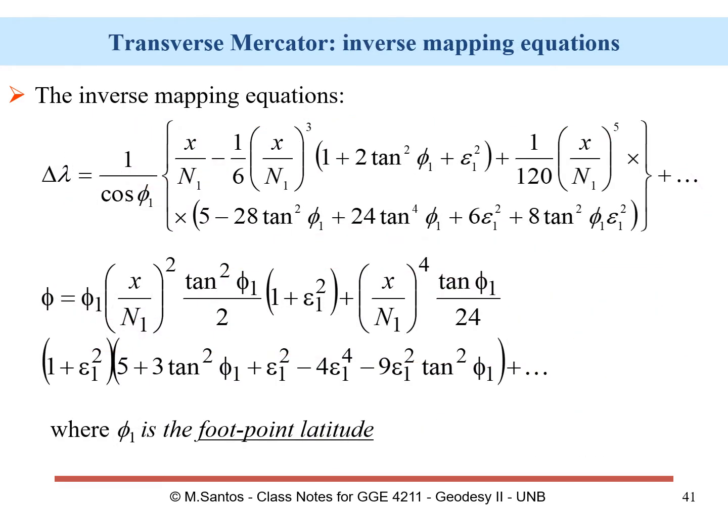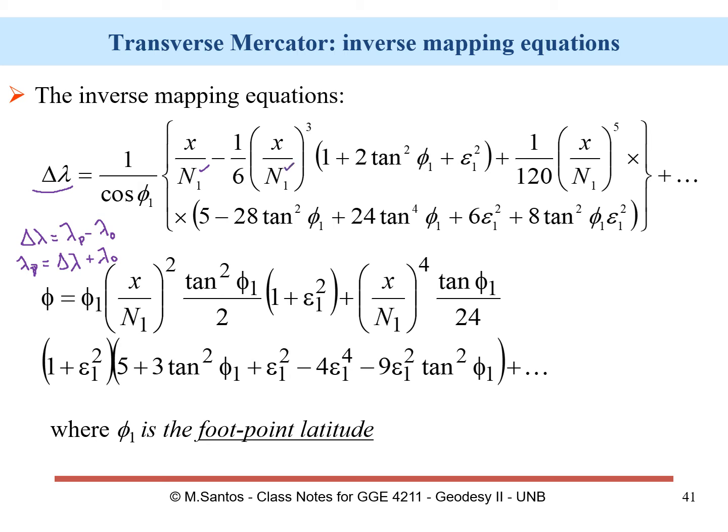The inverse mapping equations are not as intuitive to look at. We have the delta lambda. Again, we know that delta lambda equals lambda p minus lambda 0. We know lambda 0, so lambda p is going to be delta lambda plus lambda 0.